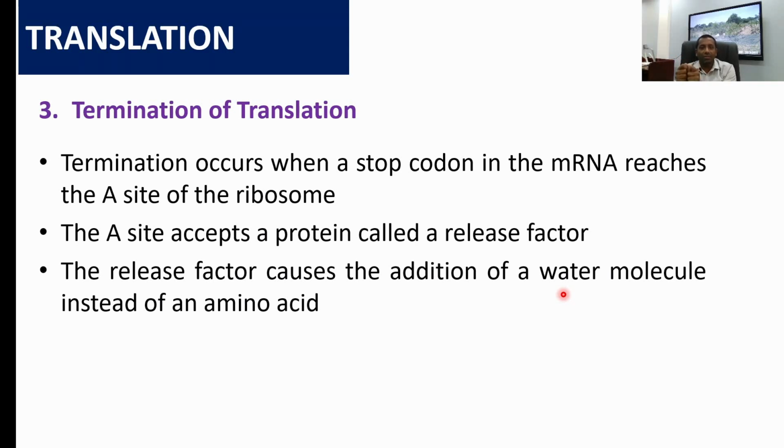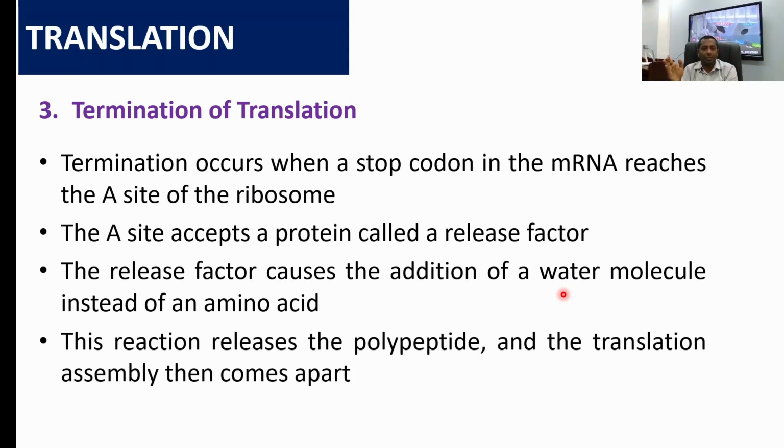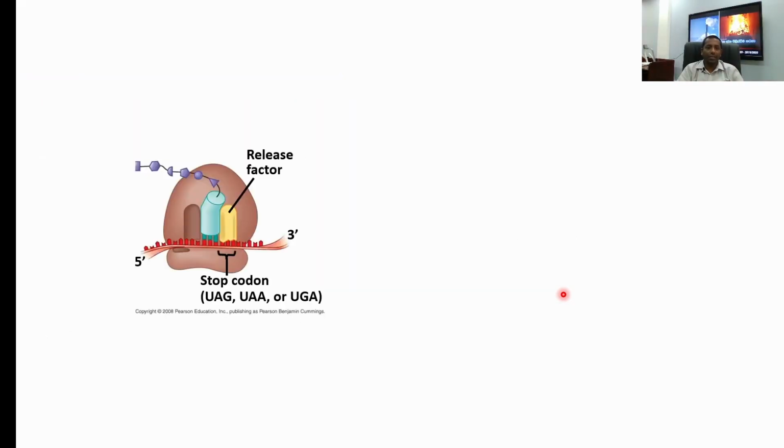So this release factor, instead of adding an amino acid, adds a water molecule, terminating the polypeptide chain. This reaction releases the polypeptide chain from the ribosome and it becomes an independent polypeptide chain.